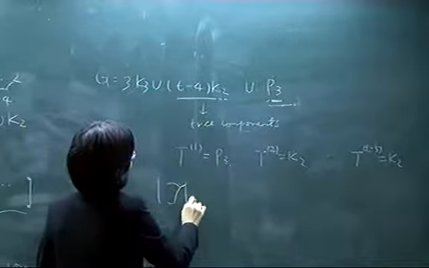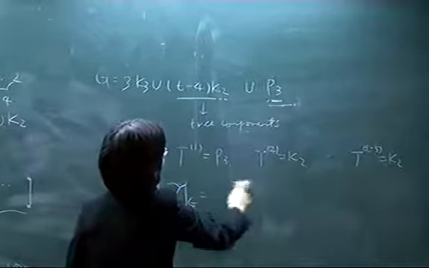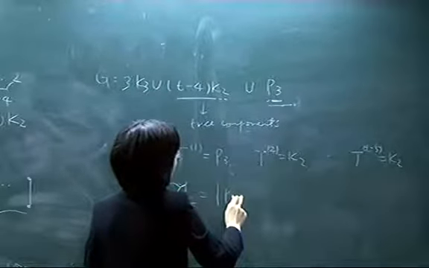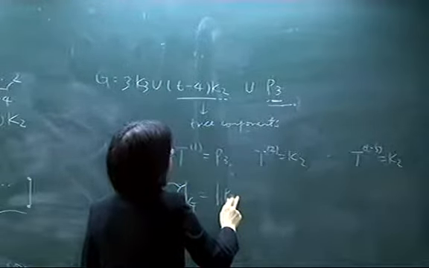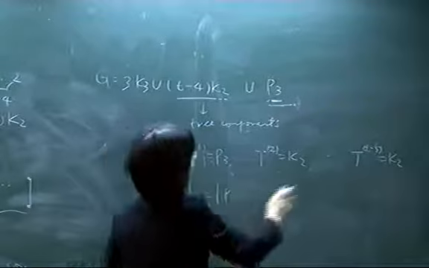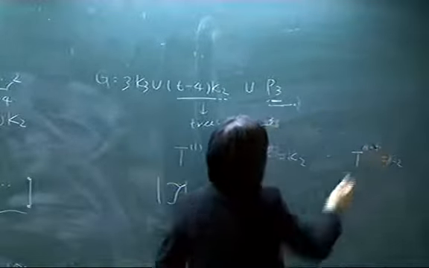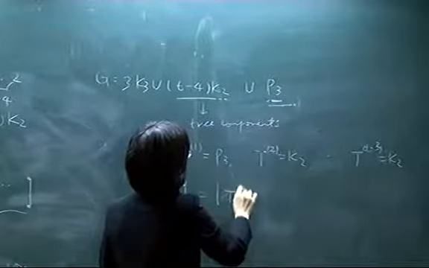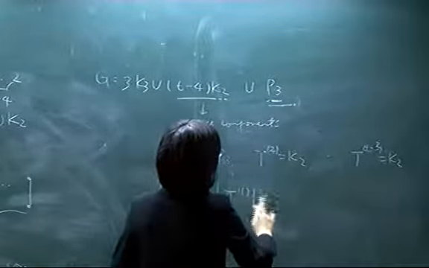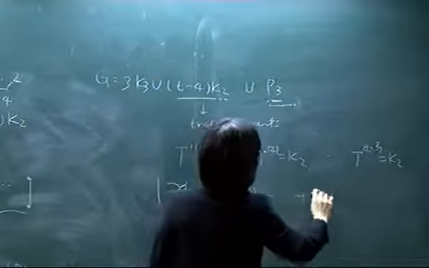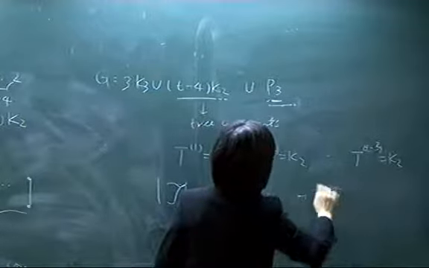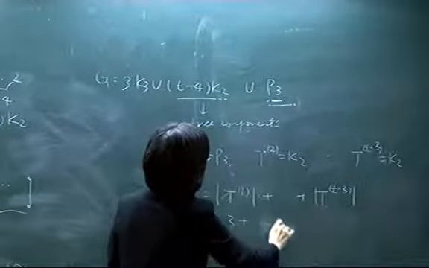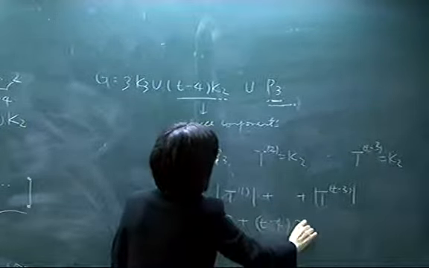And tau G is the summation of orders of these. T minus 5 or T minus 3? T minus 3, yes, thanks. So it's 3 plus T minus 4 times 2.